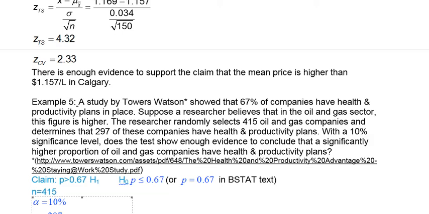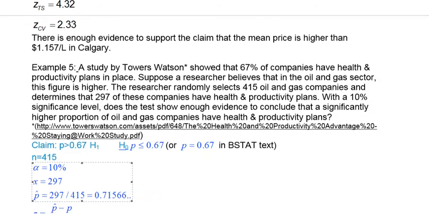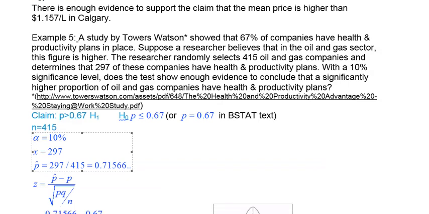And that 297 out of 415, as we mentioned earlier, is going to give us our value for our sample proportion. It's okay to leave it as a fraction. If you do change it to a decimal, try and keep all those digits in the memory button on your calculator. So we can plug that into our z-score for proportions.